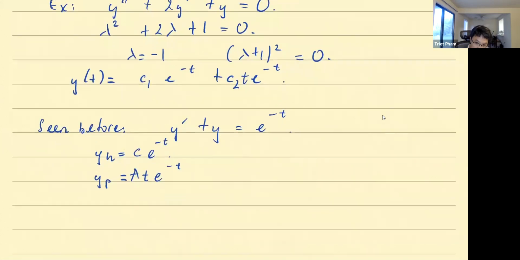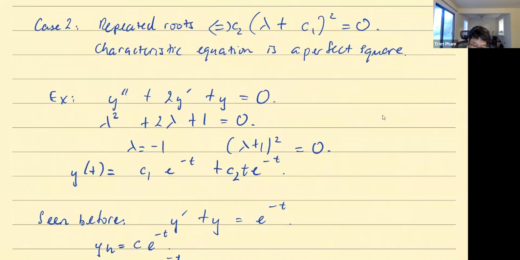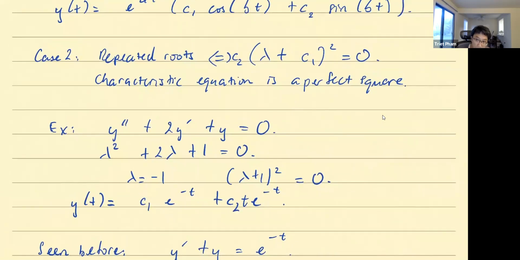So let's take a look. In general, suppose we make the guess that y of t is t e to lambda t. Again, I'm making this analysis based on case 2, meaning that I already know my characteristic equation is a perfect square, because I have repeated roots.